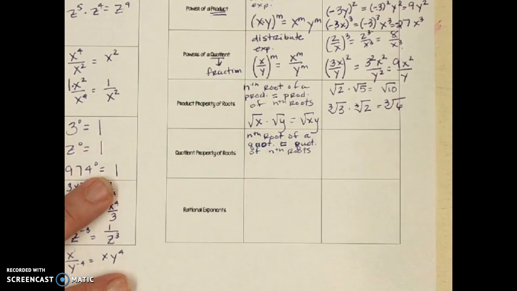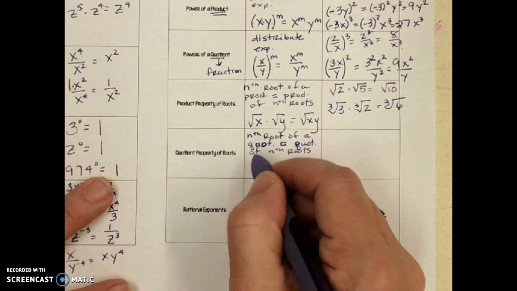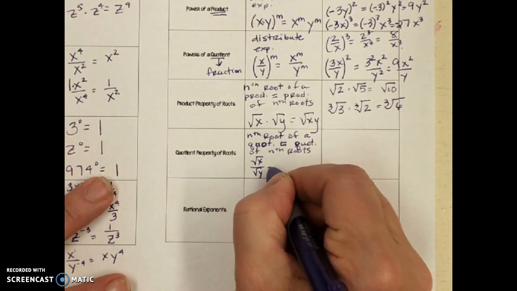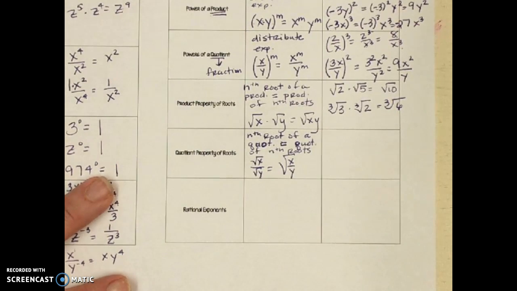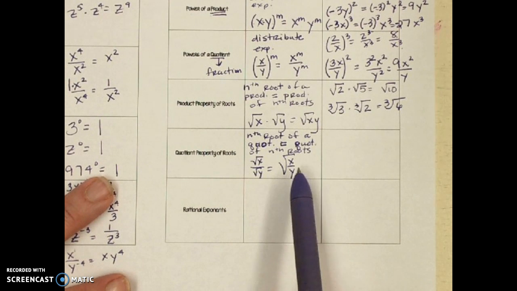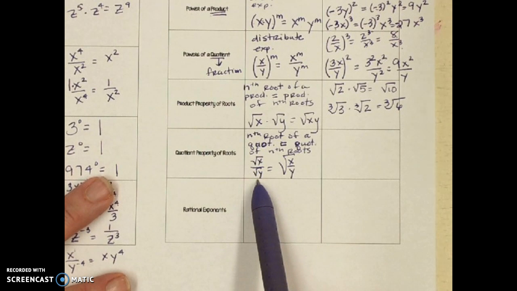And the words can be confusing and you're not really sure what in the world I'm talking about, but it just means this. If I have the square root of x over the square root of y, I can write that as the square root of x over y, and vice versa. If I had the square root of x over y, I could rewrite that as the square root of x over the square root of y.